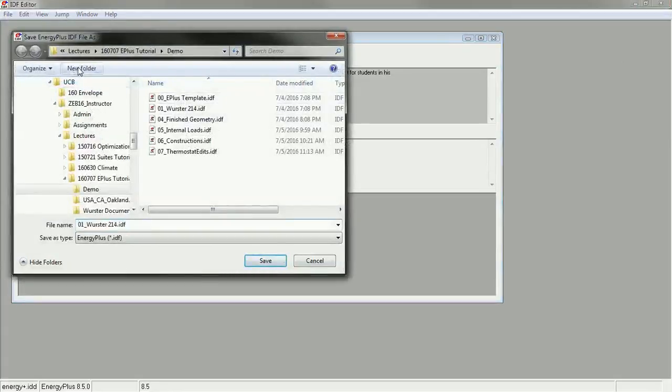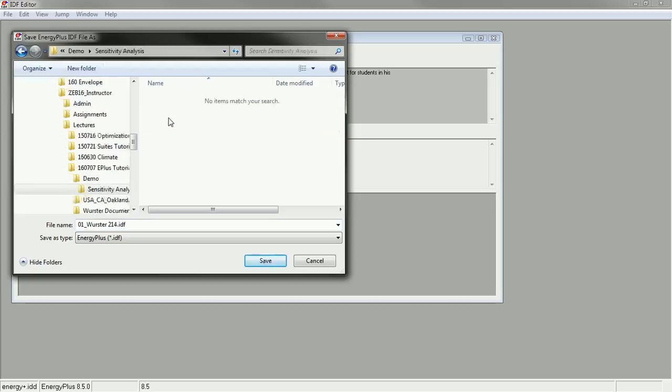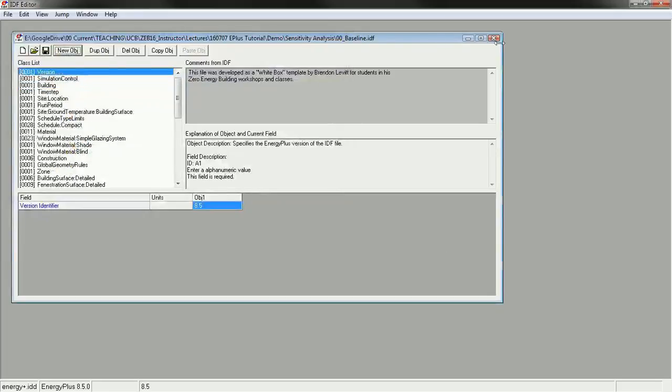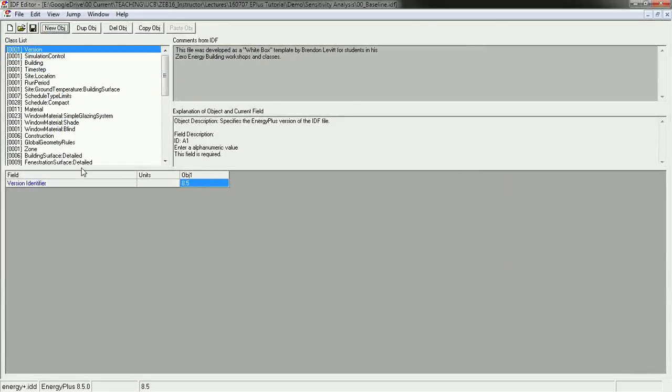I'm going to make a new folder called Sensitivity Analysis. And just to make things really clear, I'm going to call this 00 as the baseline, in fact, maybe just renaming this baseline.idf. And it's important to work from this as a base.